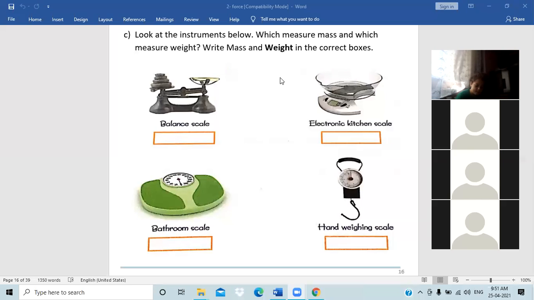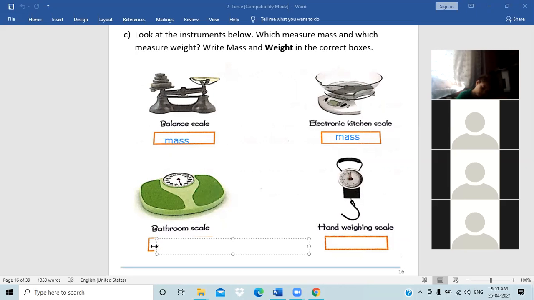So, Jaida, tell me, dear, the balance scale measures what? Mass. Mass, excellent. What about the electronic kitchen scale? Mass also, very good. What about the bathroom scale? Weight. Think about it. Do we hang things in the bathroom scale or do we stand on it?